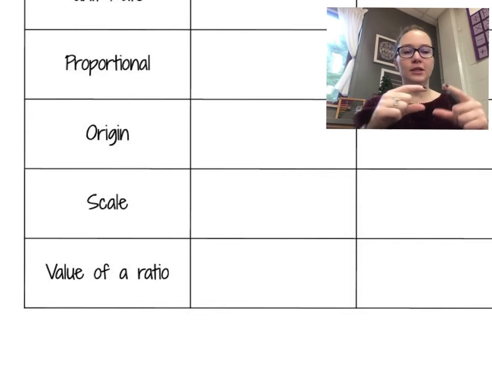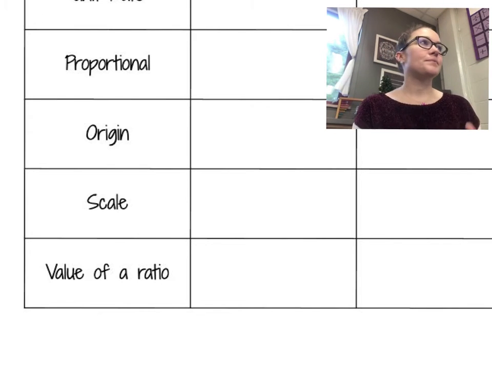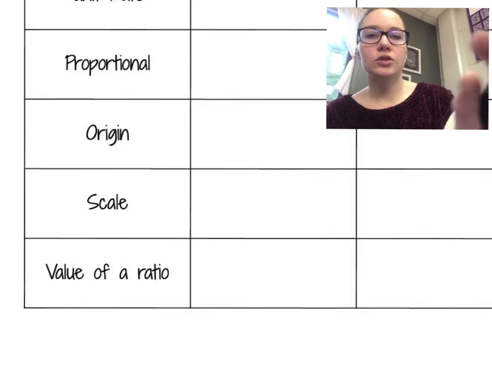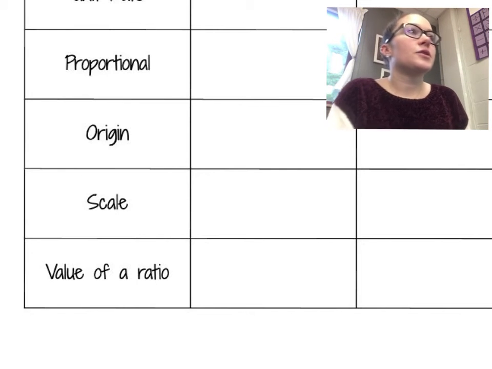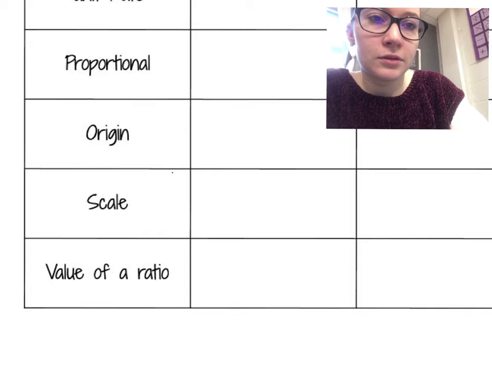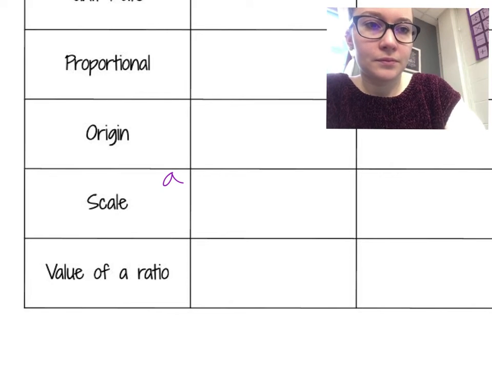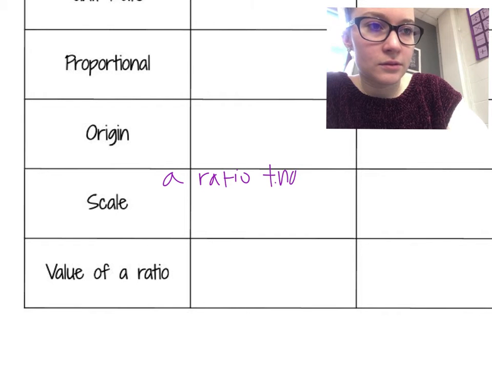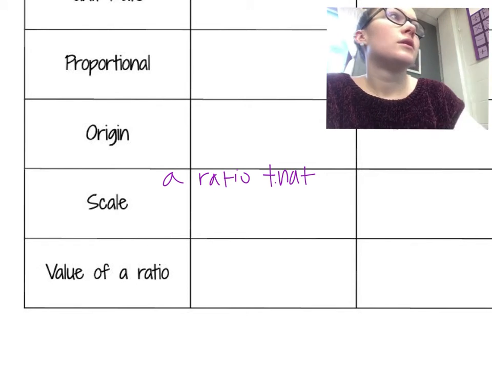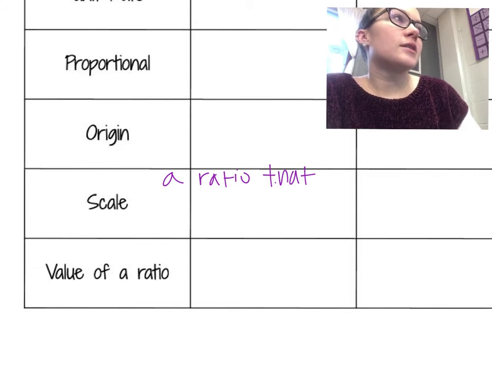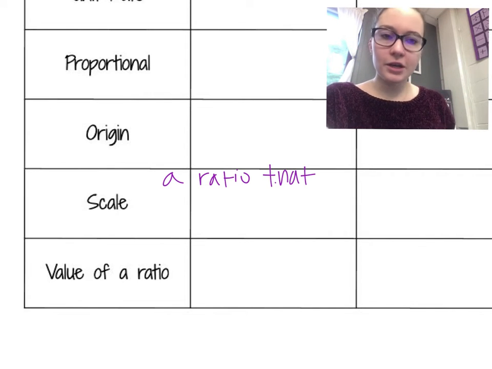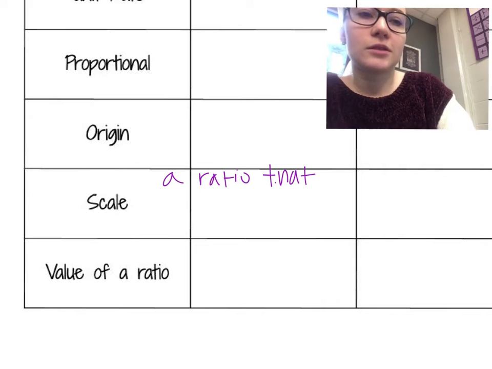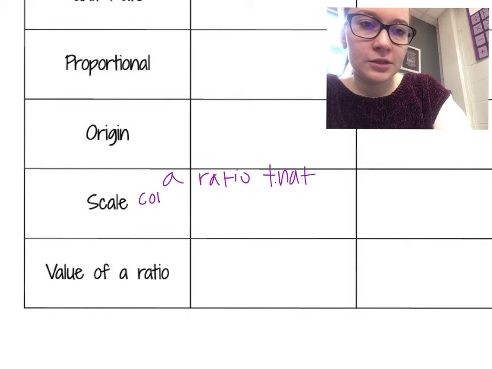If you made it little, it just kind of shrinks it, right? So it's a ratio that compares the measurement of a drawing or a model with the actual measurement.